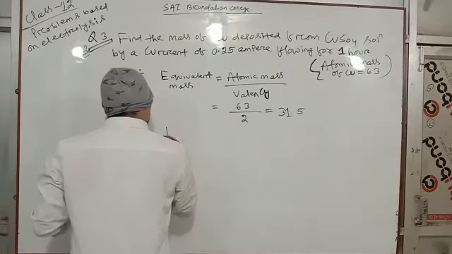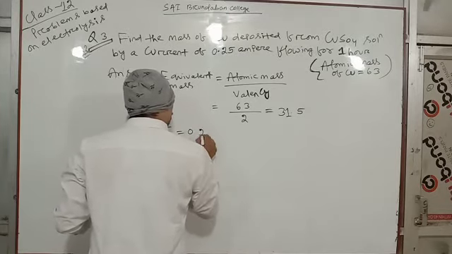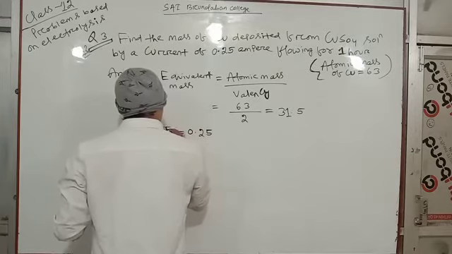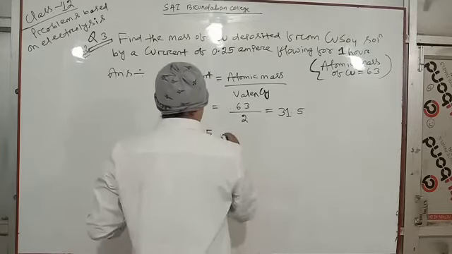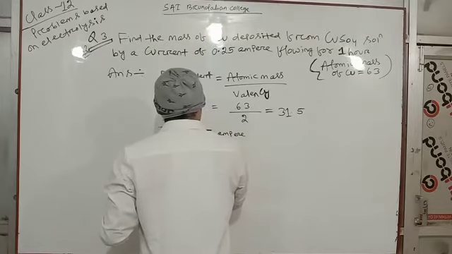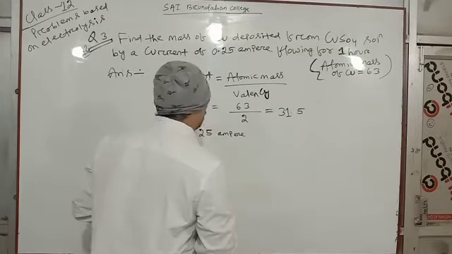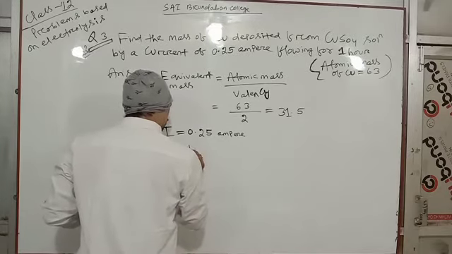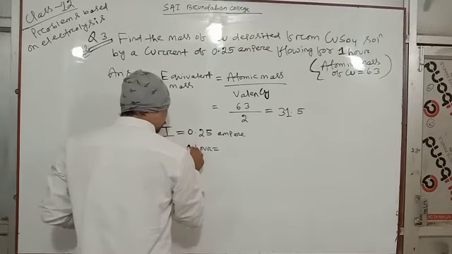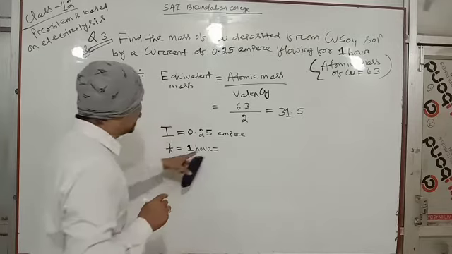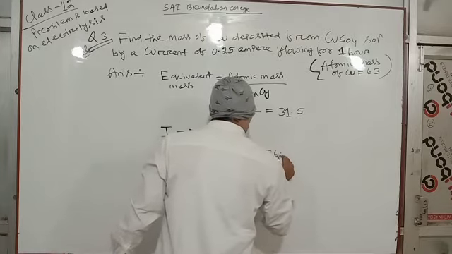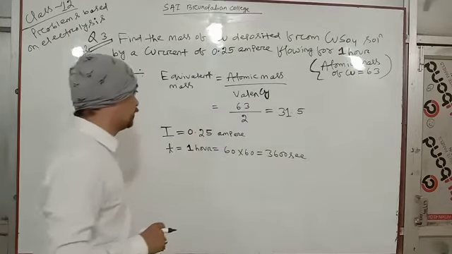First, the current I is 0.25 ampere. T is 1 hour. 1 hour is 60 minutes, 60 into 60, that is 3600 seconds.